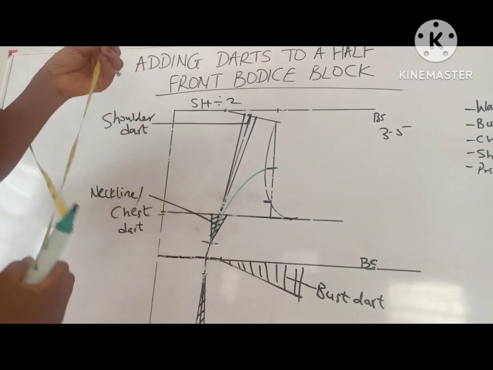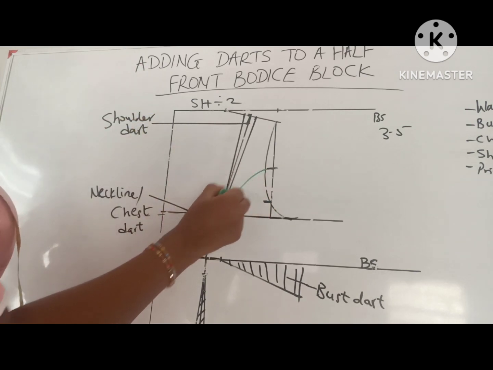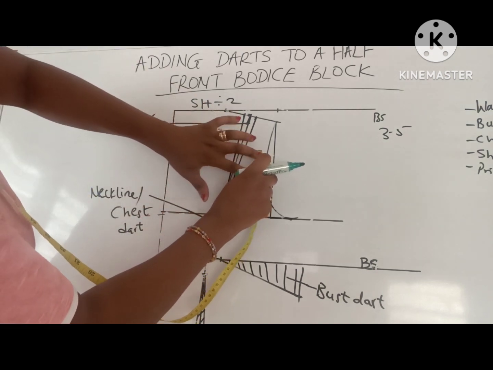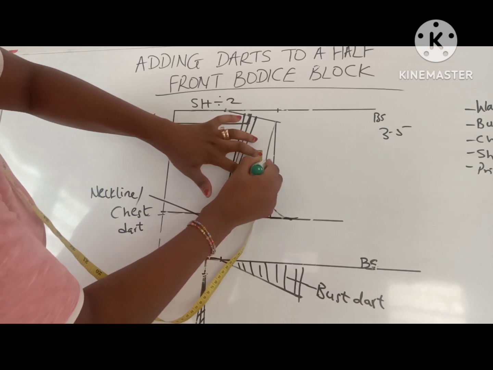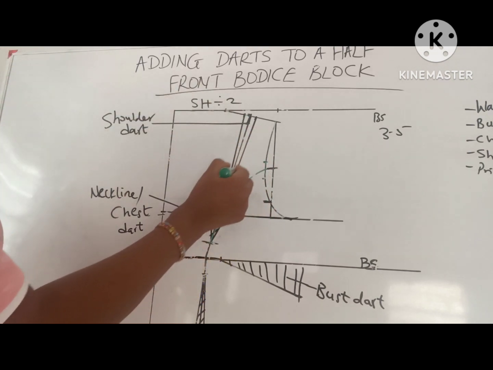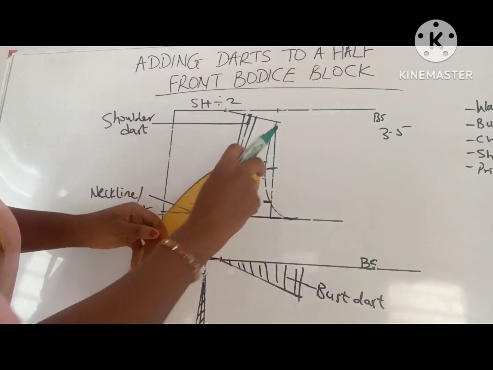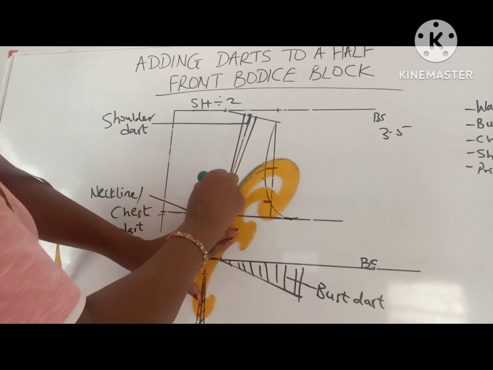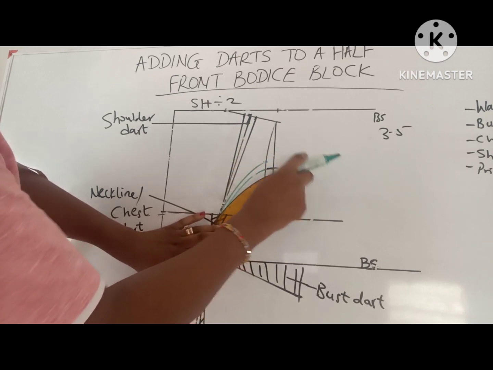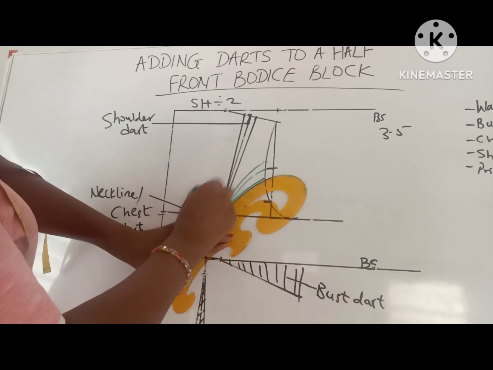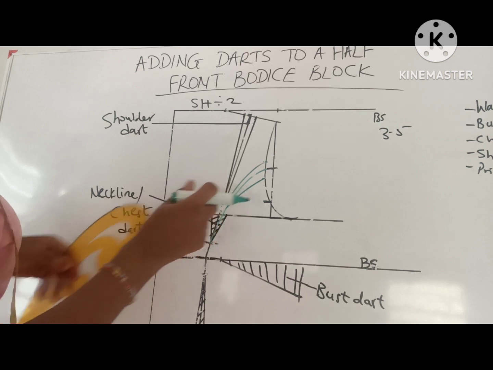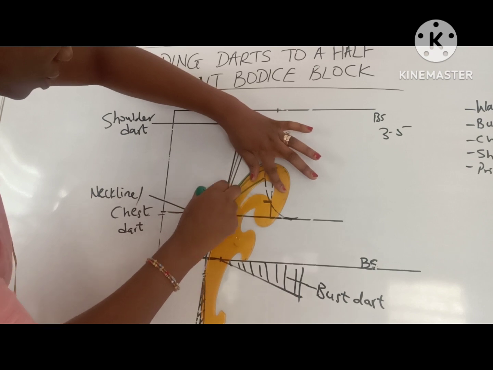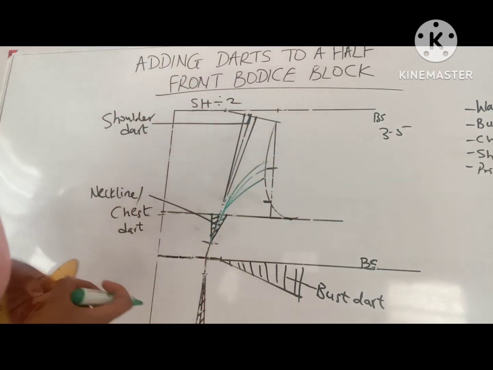After marking it from here, connecting to 1 inch above the bust, then you can take ½ inch on both sides like this, and also connect towards the chest line. You blend it in as one.